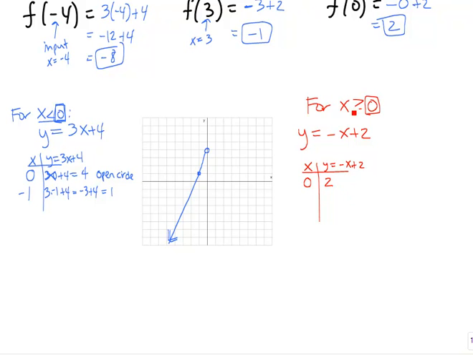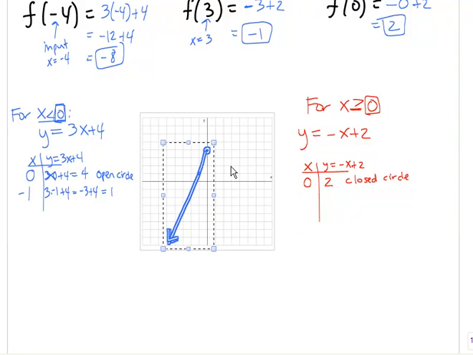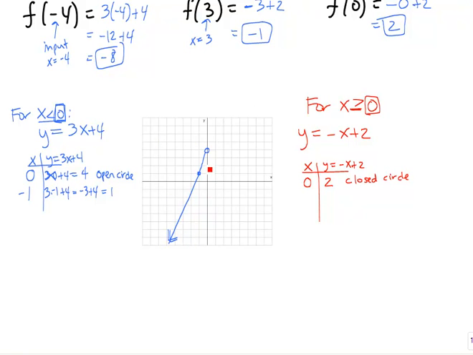Now notice in the inequality, this had an equal bar. So this time we do get to plot that actual point, and this is going to have a closed circle around it. So when I go to (0, 2), I'm going to put a solid little dot right there.